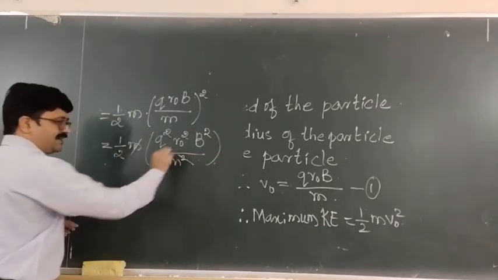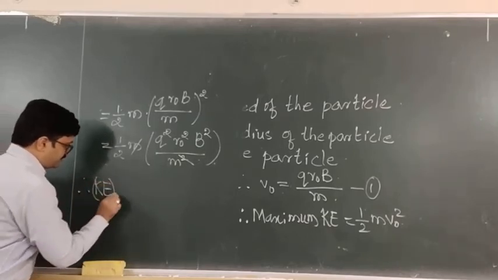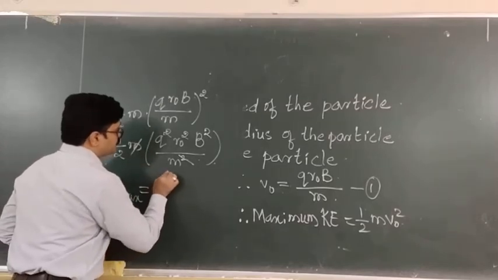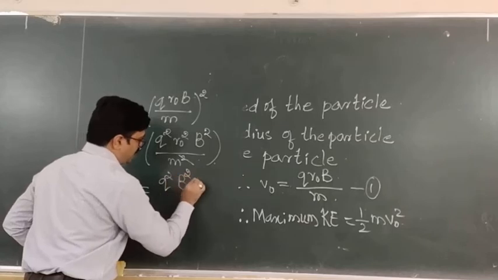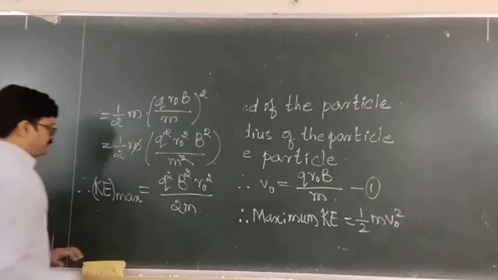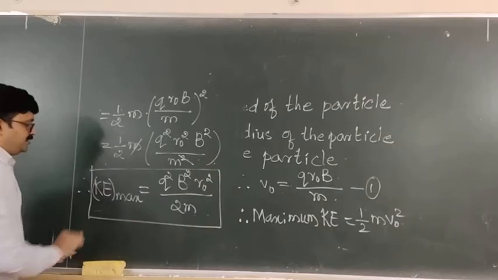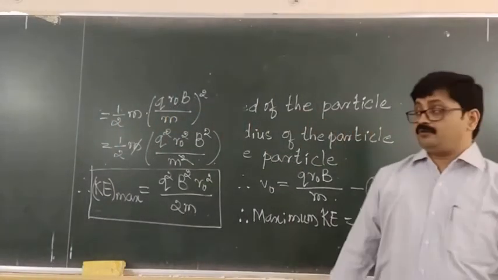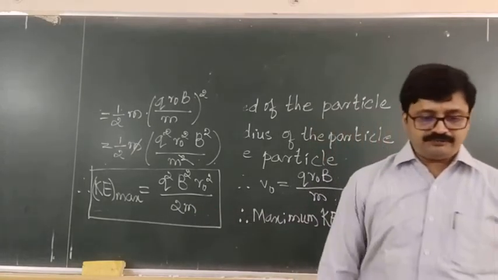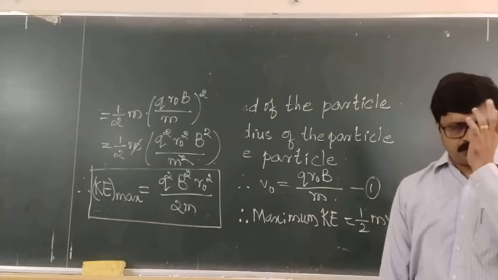So one m cancels off. Therefore I can say KE max is equal to q square B square R0 square divided by 2m. So this is the value of maximum kinetic energy attained by the charged particle when it comes out. Okay, so this is one important formula that you have to remember. Fine. So I hope this particular discussion is clear to you all.